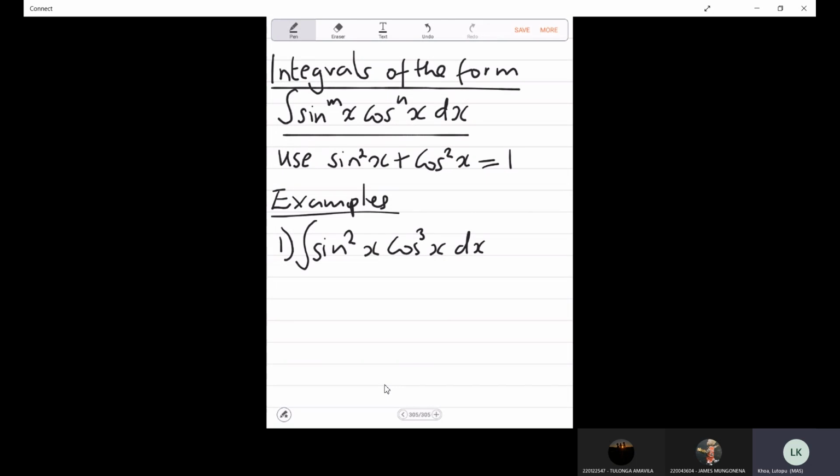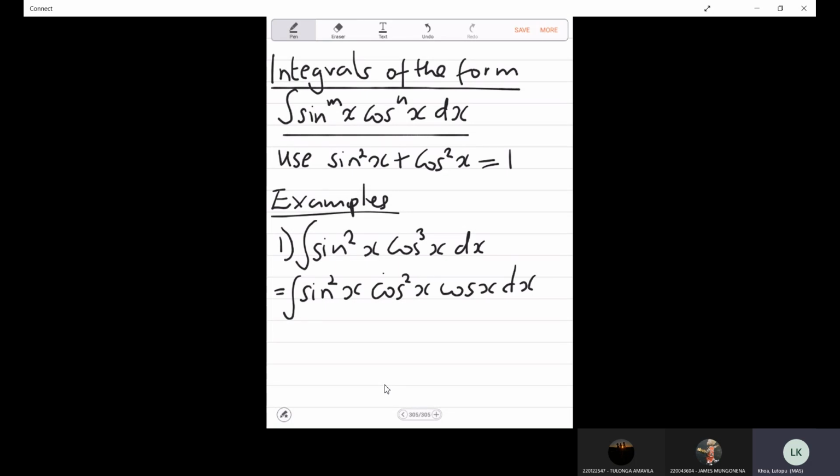So this will give me the integral of sine squared x, and then I have cos squared x cos x dx.